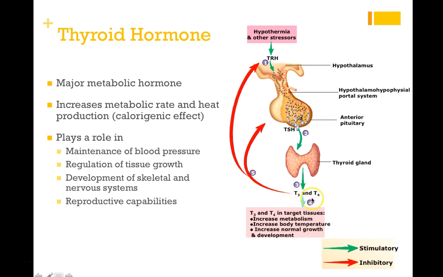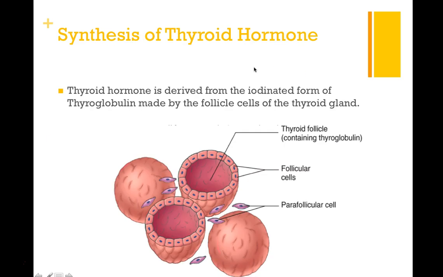Now, if we have enough of T3 and T4, we should have a negative feedback loop that will go back to the anterior pituitary gland to inhibit TSH and over to our hypothalamus to inhibit TRH. Now, to discuss the synthesis of the thyroid hormone, we need to know that it is derived from an iodinated form of thyroglobulin, which is made by the follicle cells that we described.